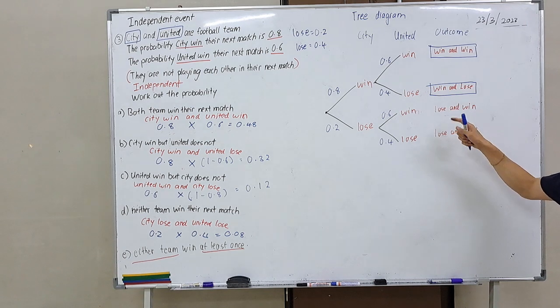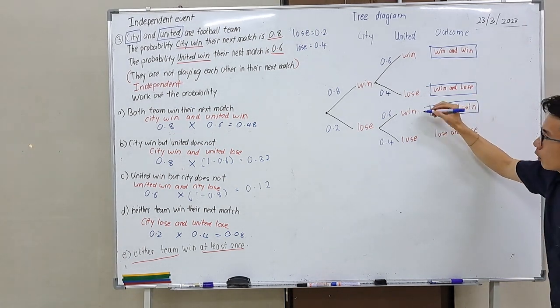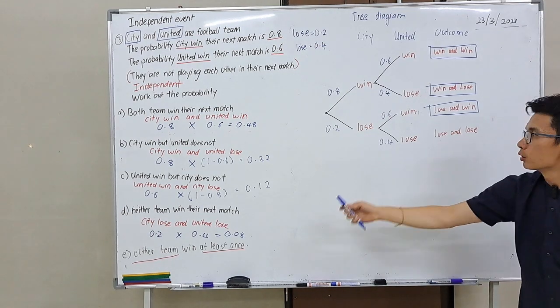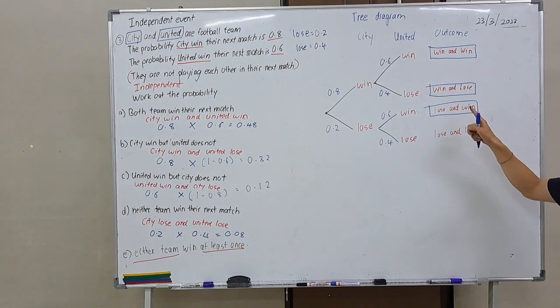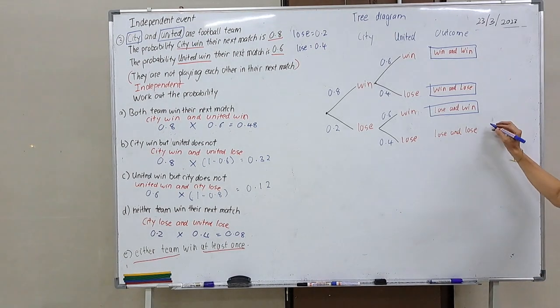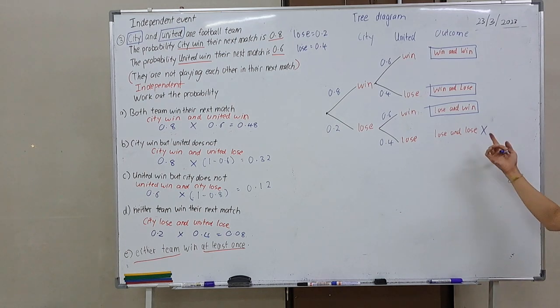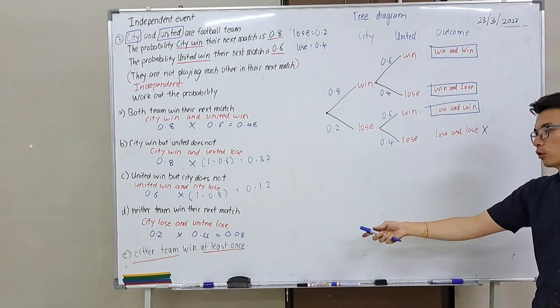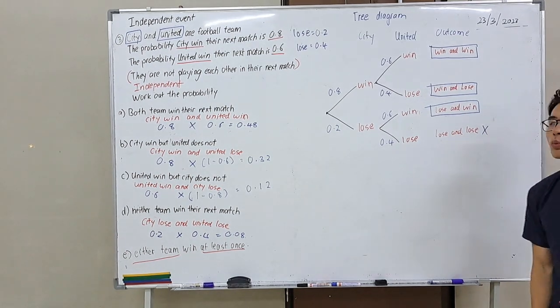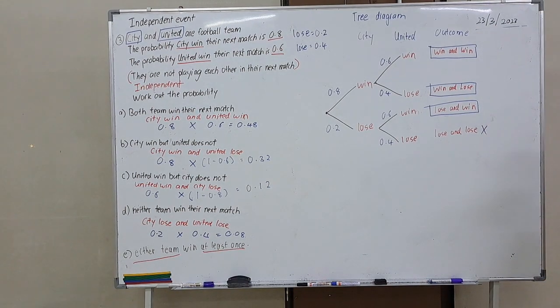The next one we will include as well, because United wins. And the last one here, we will not be choosing, because in this one no team wins, and we want either team to win at least once. So we are interested in these 3 probabilities over here.